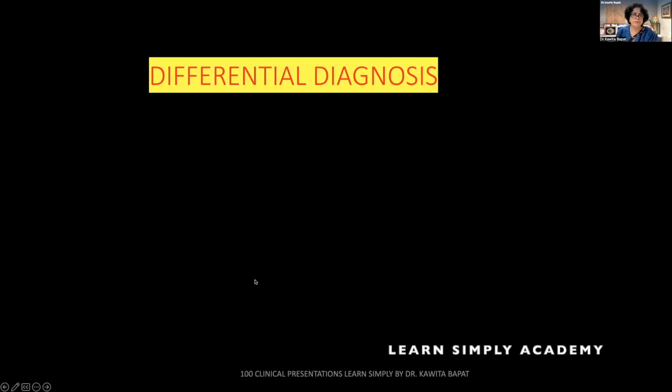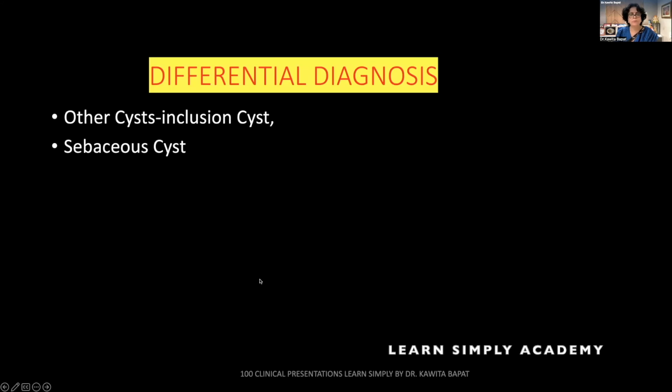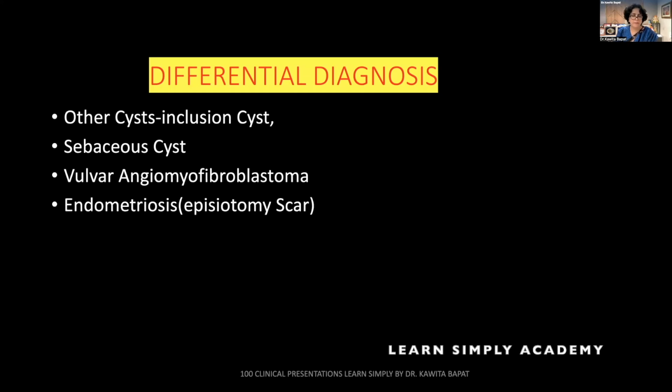So how to differentiate the diagnosis from other cysts, like inclusion cyst? We are supposed to differentiate from sebaceous cyst. Then, very rarely, but we should keep in mind, vulvar angiomyofibroblastoma. So we should be careful while giving the treatment. Then episiotomy scar and endometriosis is another important point we should think about.